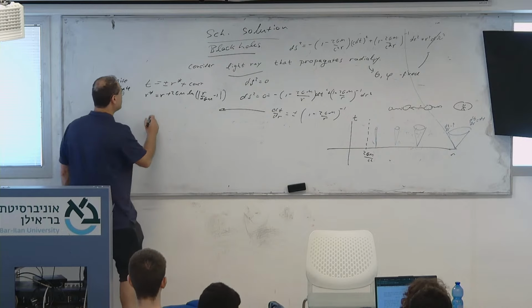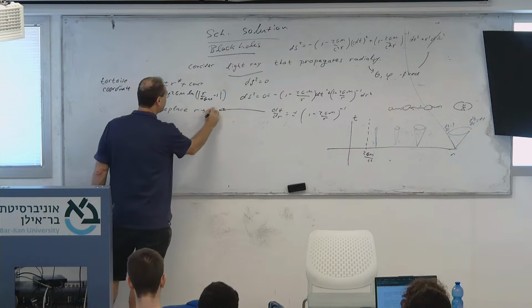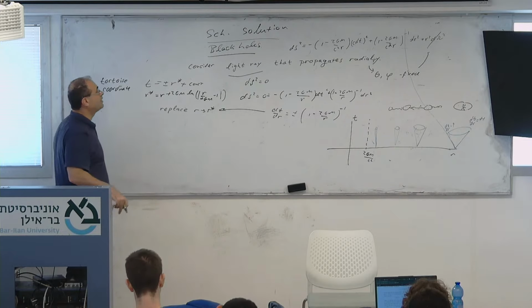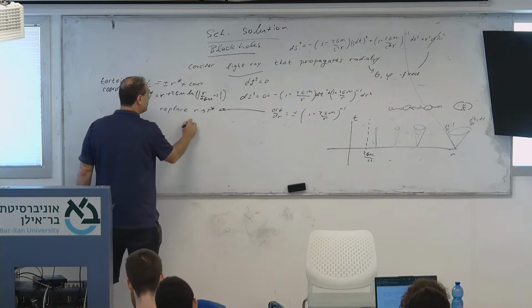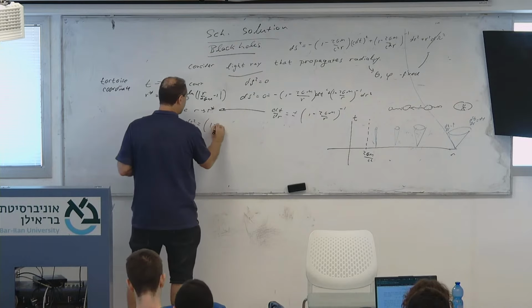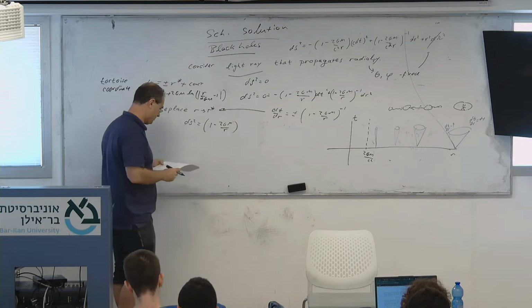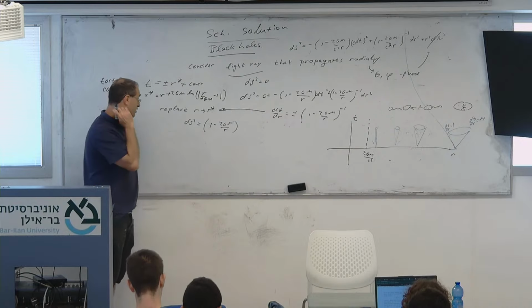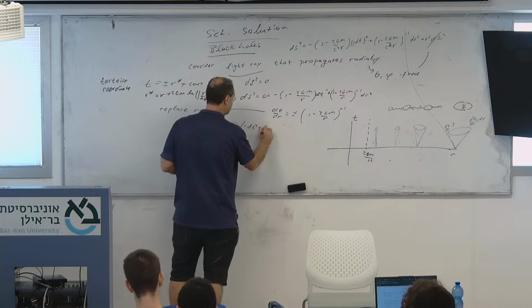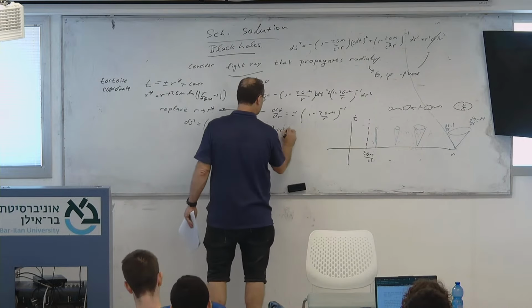So if I'm replacing the regular r with the tortoise coordinate r star, I write the metric ds squared now as 1 minus 2GM over r, which is now kept as a function of r star, times minus dt squared plus dr star squared, and plus r squared d omega squared.